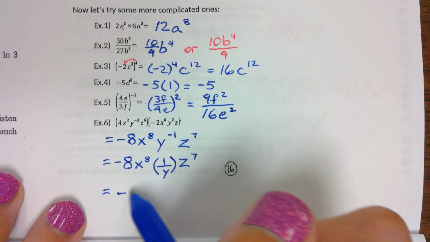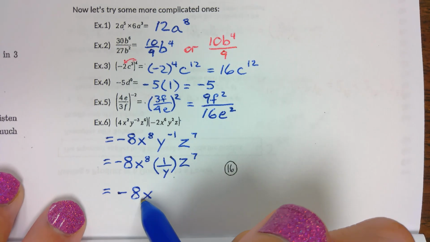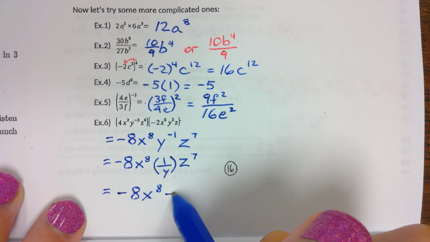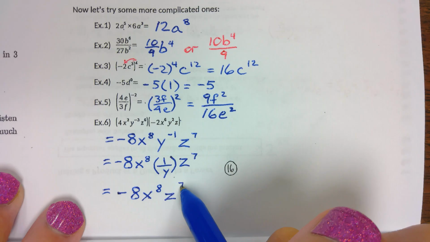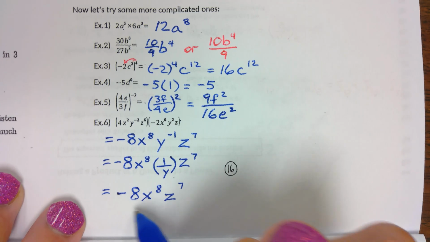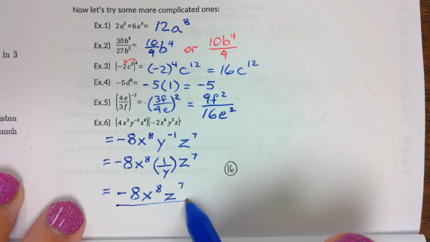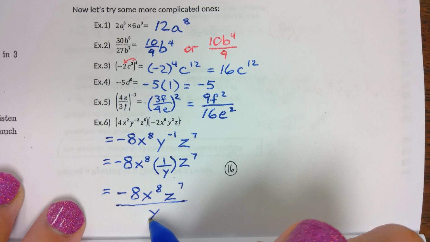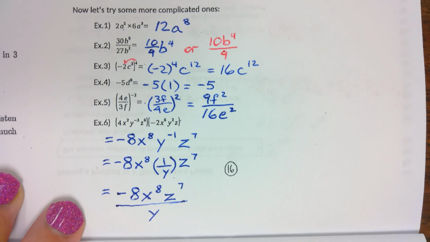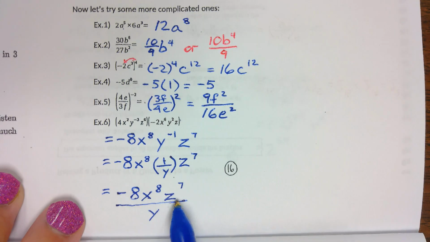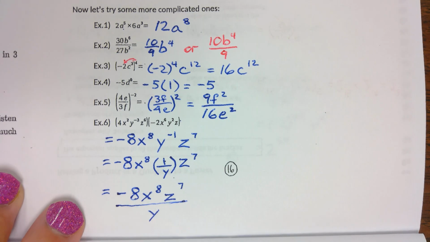Negative 8 x to the power 8 times z to the 7. Where does that y go? Oh yeah, it goes to the denominator. Yeah. Right. Because if it's 1 over y, it's basically all this times 1. So it's on the numerator, and then the denominator is just the y.